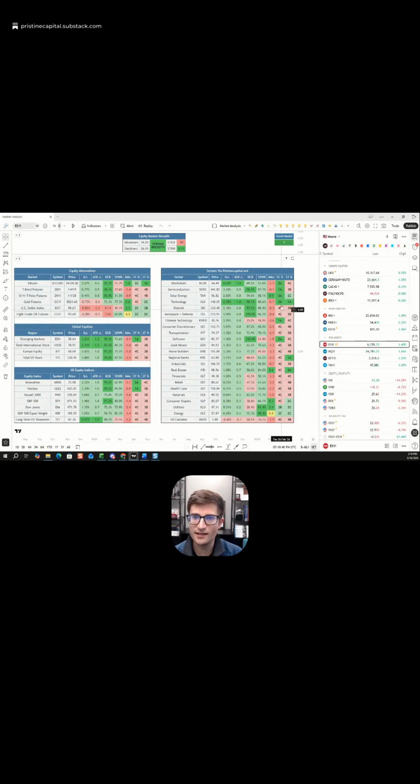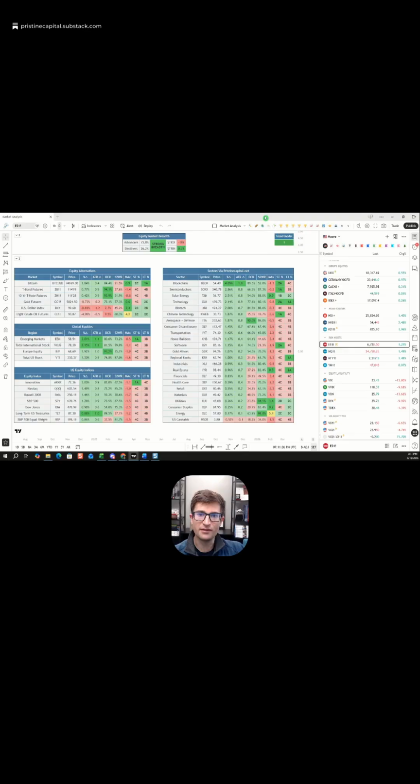That's just telling you this asset is below its short-term moving averages. I'm using the 10 and 20 simple moving average for my short term. And then for my long-term averages, I'm using the 50-day simple moving average and the 200-day. So you can see just looking at this, there's a lot of sectors that are below those key moving averages.